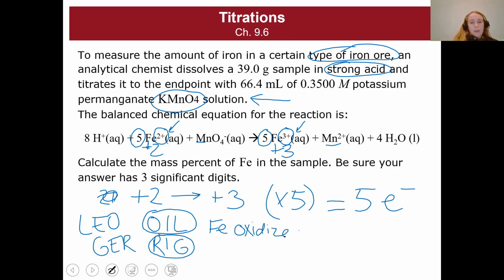So that means that manganese is being reduced. So we actually know that manganese is changing its oxidation number by 5 because the 5 electrons that the 5 iron ions lose, one each, have to go somewhere.